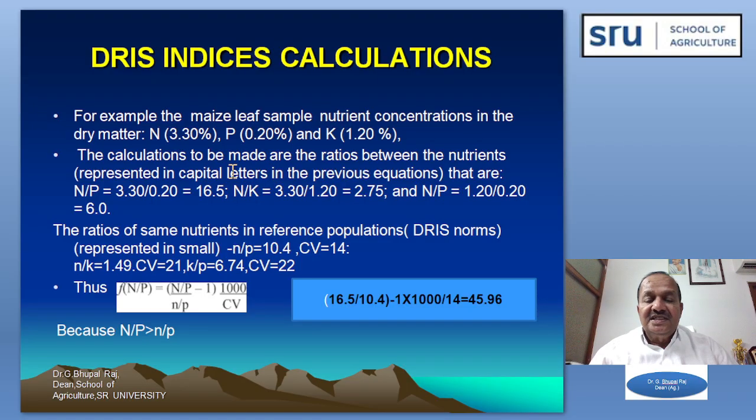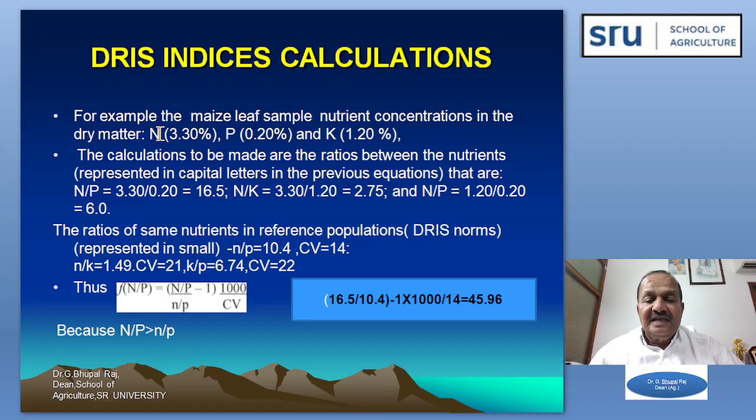So these calculations are to be made for the ratios between the nutrients represented by capital letters in the previous equations, for example, N by P. These capital letters, I told you, are the test sample values.